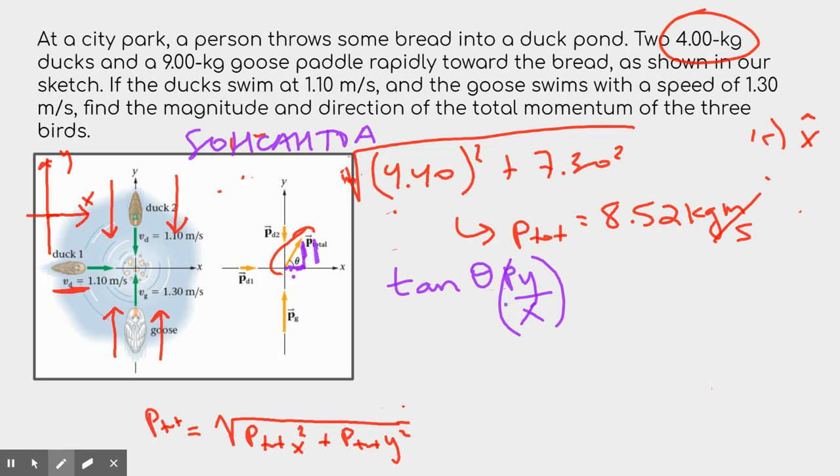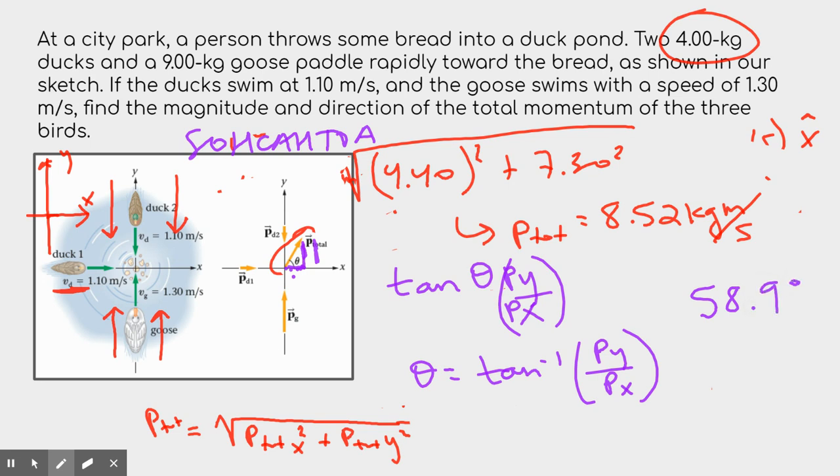And I'm sorry, that's the momentum in each direction. To find theta, I'm going to have to take the inverse of this. So when I plug in those values, I should find that my final direction is equal to 58.9 degrees. Okay, and that is it for problem number 1.